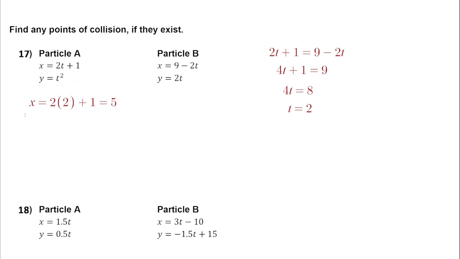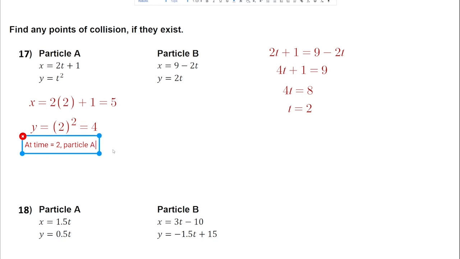Okay. And the y coordinate would be t squared, so that'd be 2 squared. So 2 squared is 4. Okay, so we know at time 2, and I'll just make a little note here, particle A is at 5, 4.